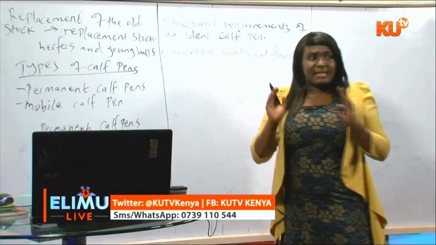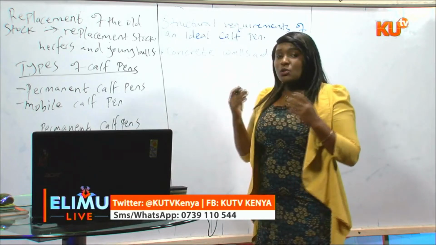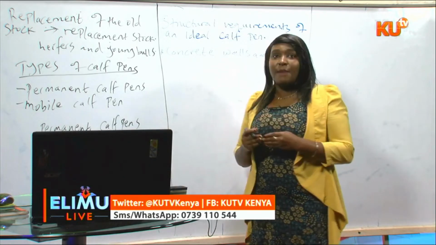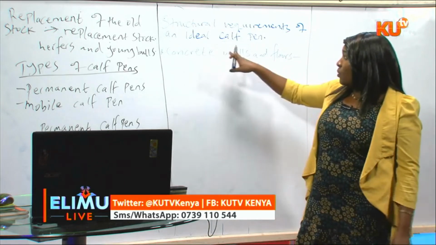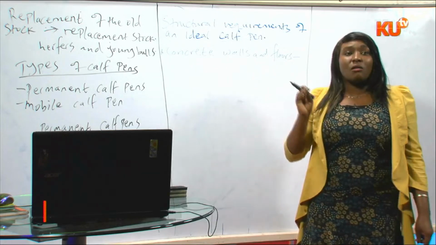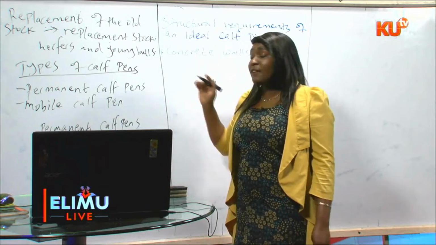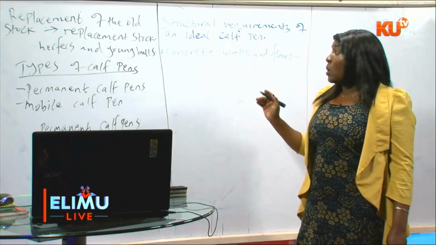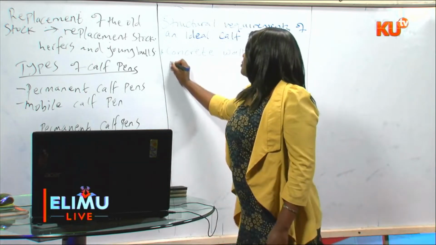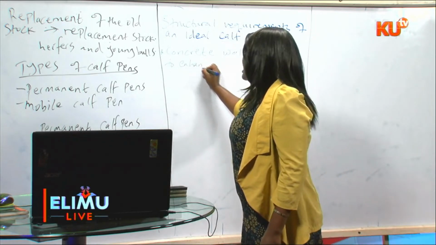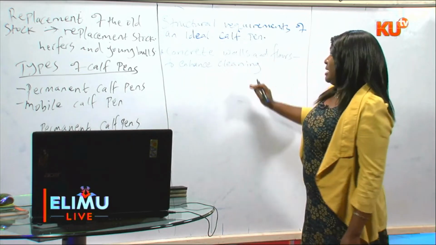The best calf pen, the one that is going to be of importance to your farm in terms of profit maximization, has walls and floors that are concrete. If you can afford, ensure that you make concrete walls and floors. This is because concrete walls and floors are easy to clean. This is to enhance cleaning, or to make the calf pen easy to clean.